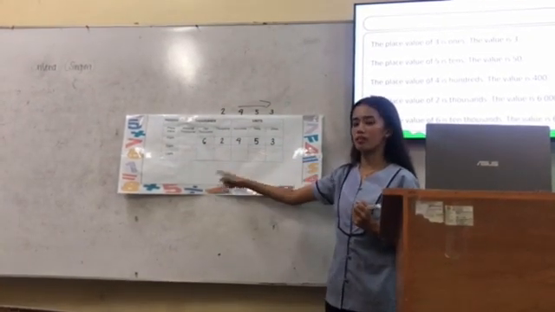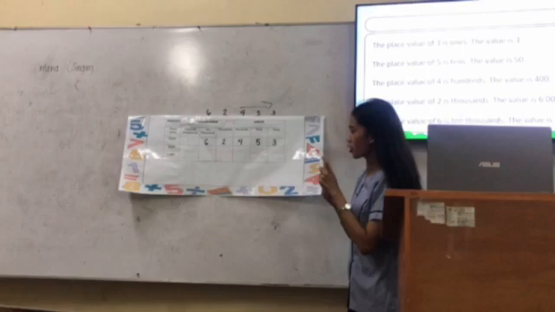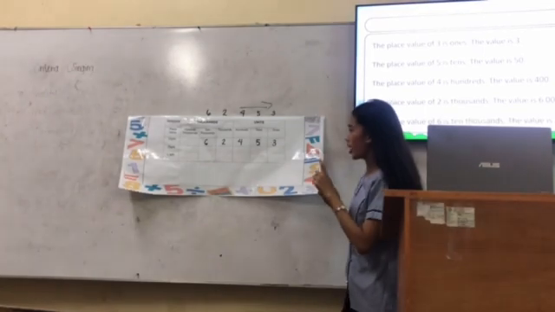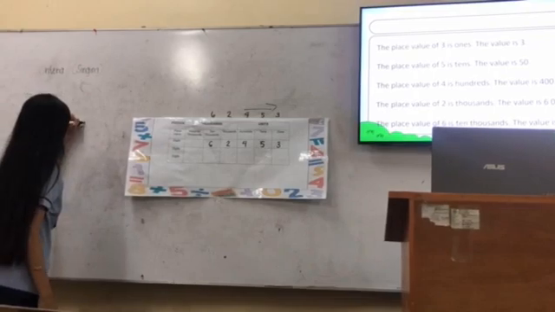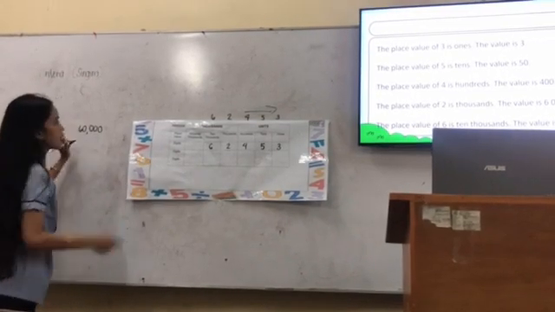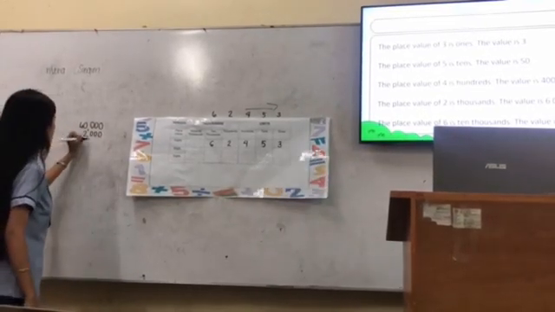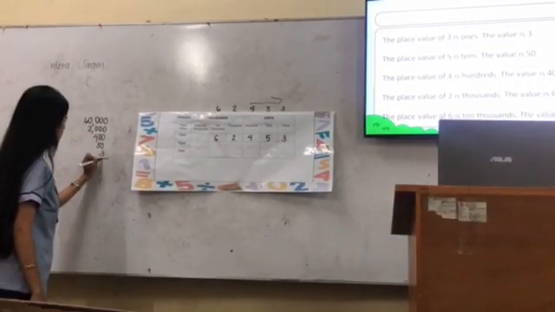Thousands times 6. Okay, 60,000. Now, plus 2,000 plus 400 plus 50 and plus 3.